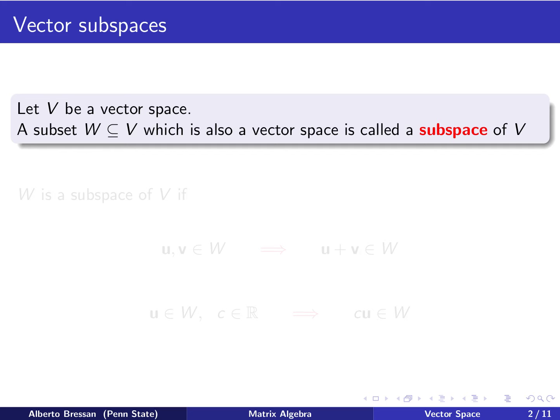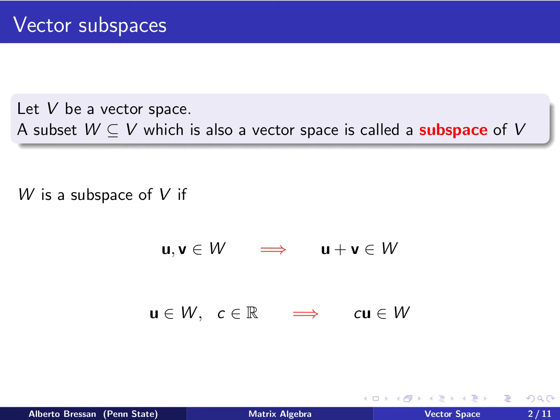Let's say V is a given vector space, and we look at a subset of V, which we call W. If this is also a vector space, then it is called a subspace of V. So two things: it's a subset, and it itself also forms a vector space.